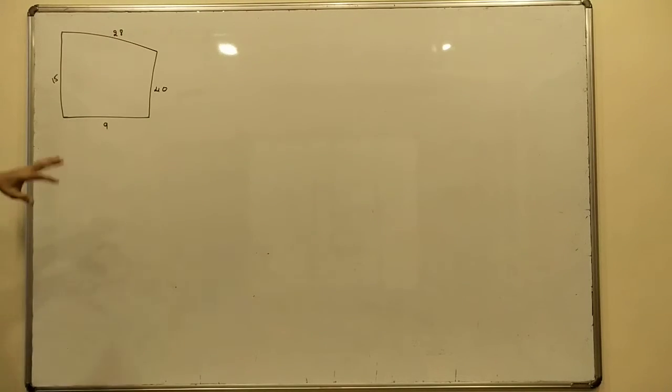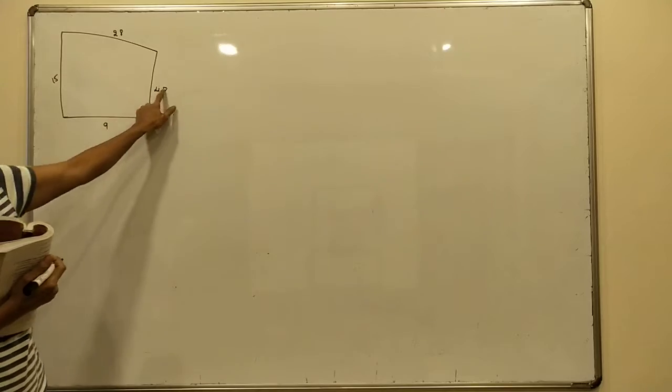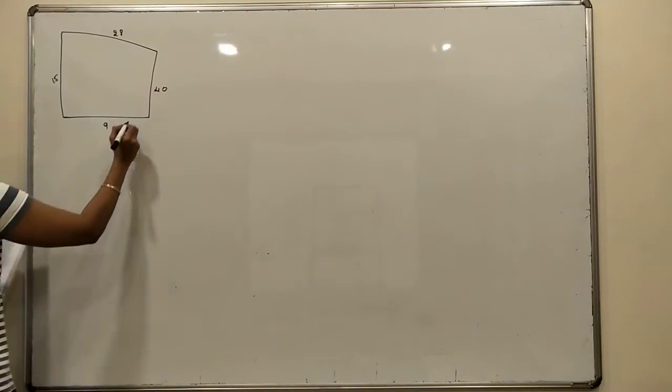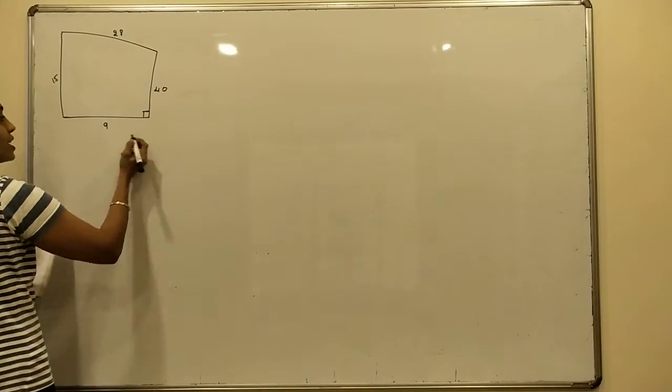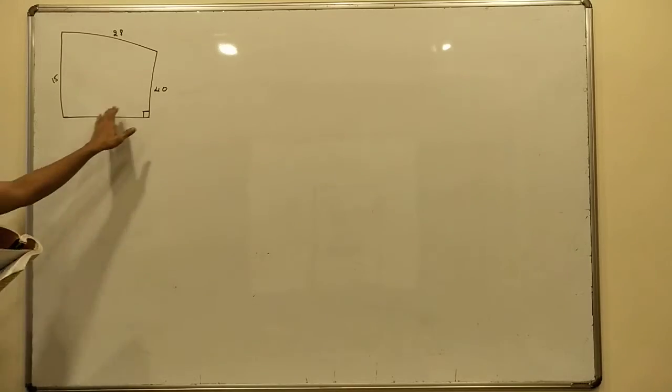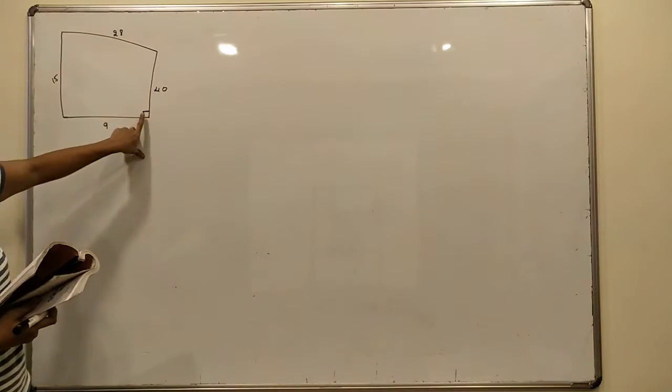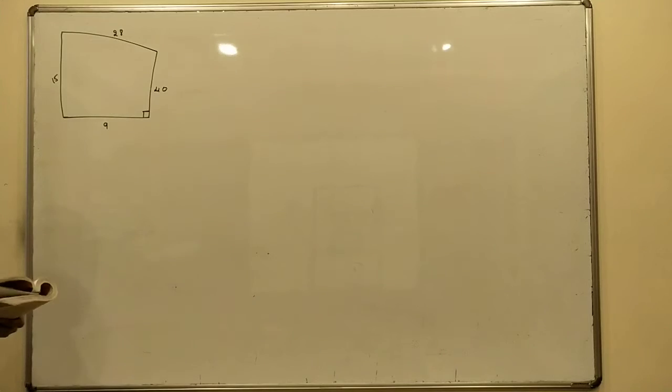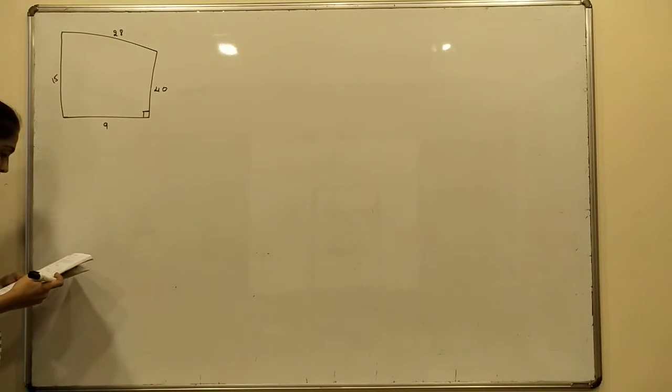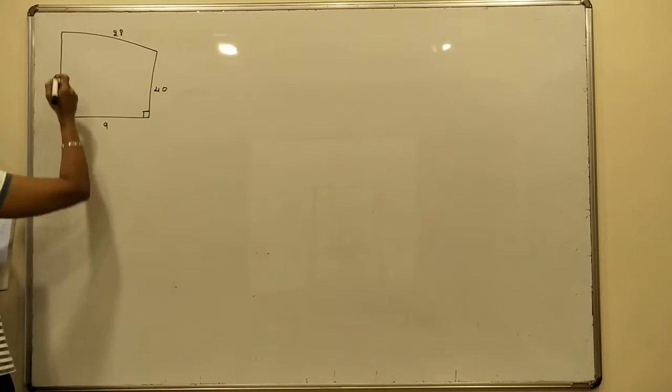The angle between the first two sides, 9 and 40, is 90 degrees. Then you have to find the area of ABCD.